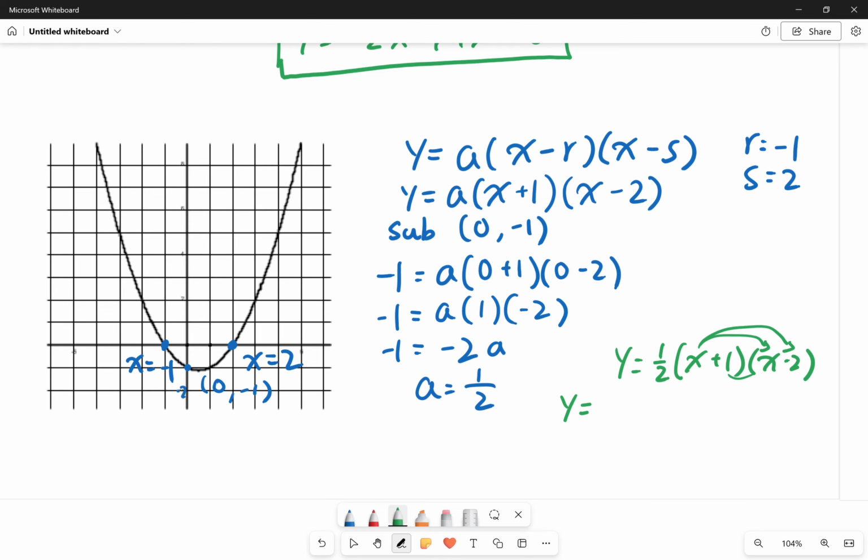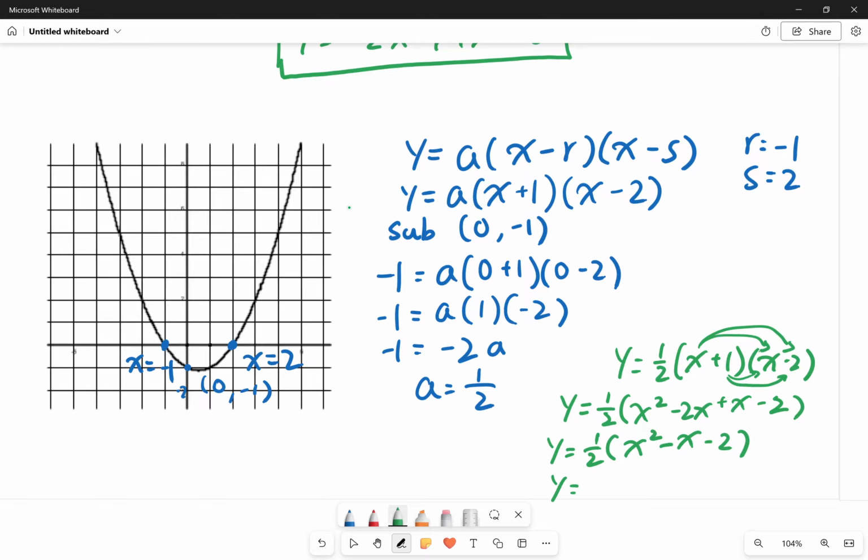If you guys have heard of FOIL, we're doing FOIL. If you have not heard of FOIL, that's okay. You don't need to know about it. We're doing distributive property. So x times x is x squared. X times minus 2 is negative 2x. The third one is plus x. The last one is minus 2. So y is 1/2 times x squared minus x minus 2.